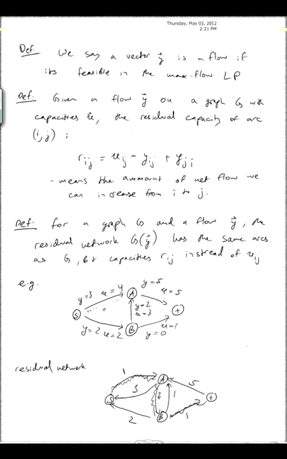So in particular, what does this edge right here mean, the edge from A to B? Well, that edge corresponds to backing off on sending one of these 2 trucks from B to A. So currently I'm sending 2, and over here, if I back off on 1, I'd be only sending 1 truck from B to A. So I could increase the flow on this path, which means send 1 truck from S to A, stop sending one of these trucks from B to A, and have this truck take over its route.